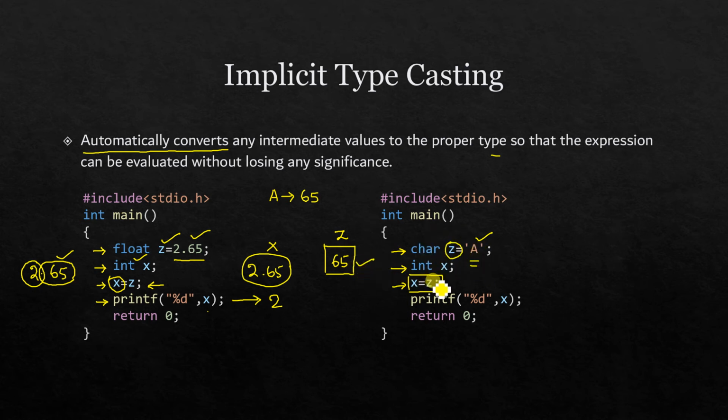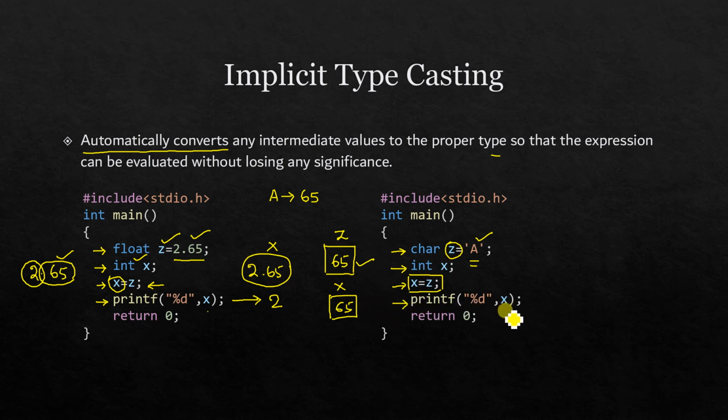So 65 gets assigned to x, and x will contain the same value, 65, because the ASCII value of A is 65. That means it is an implicit conversion.